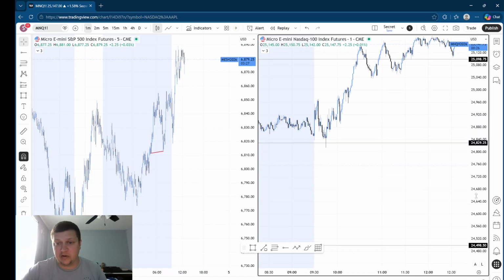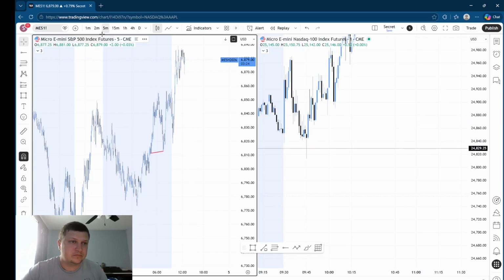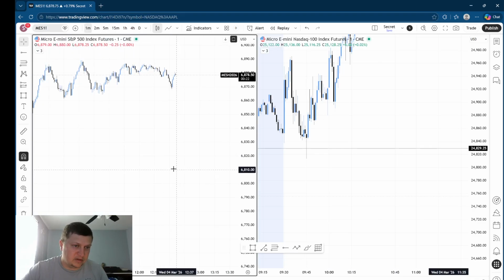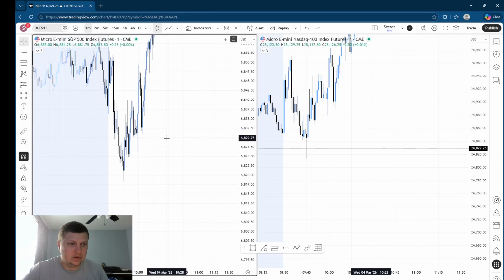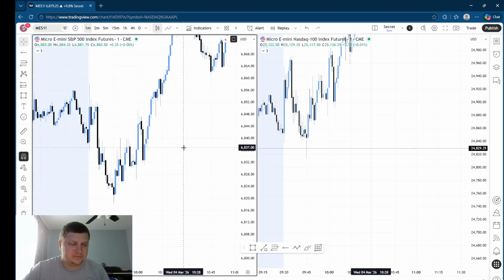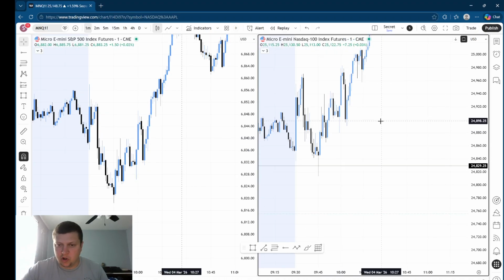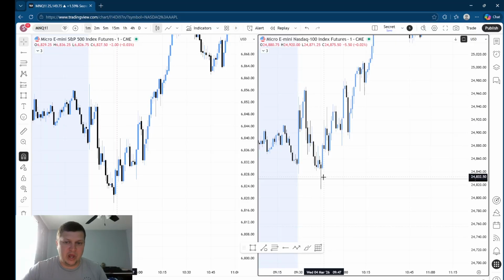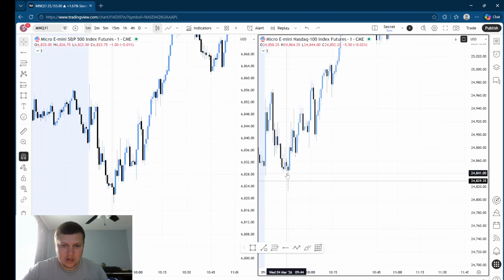So that's when I dial down to the 1 minute. And let's see what we get here. So on the 1 minute, we have moved down, clearly sweeping liquidity. We have a bullish pin bar. We come up.